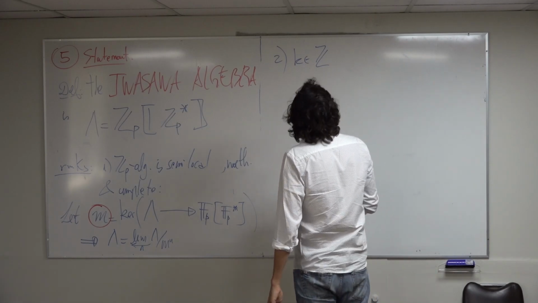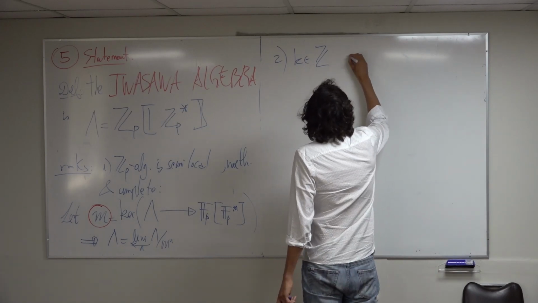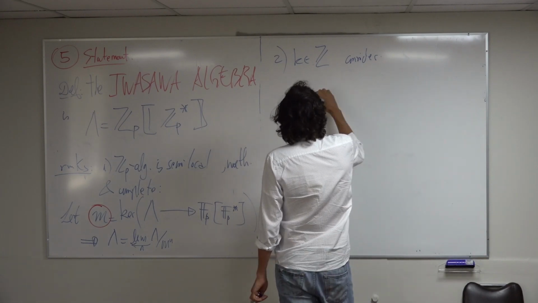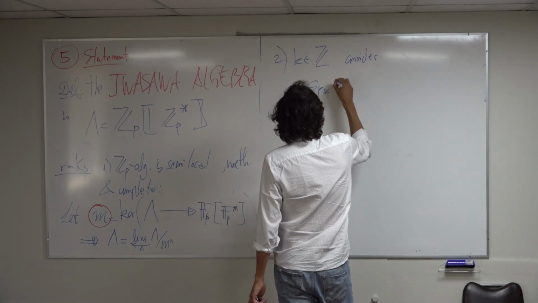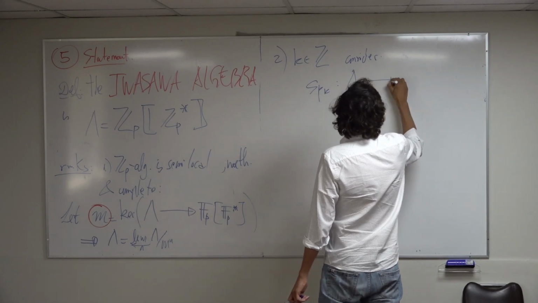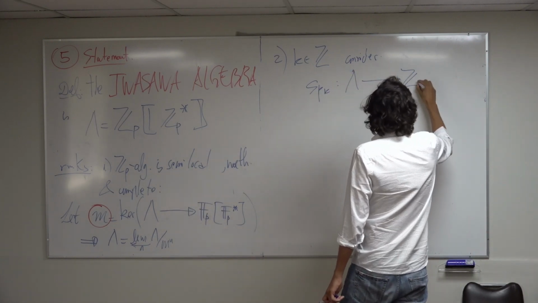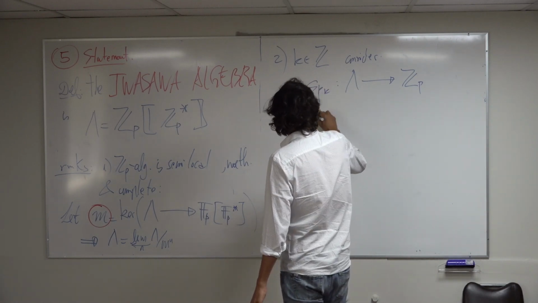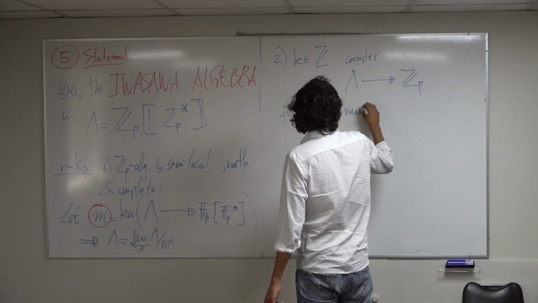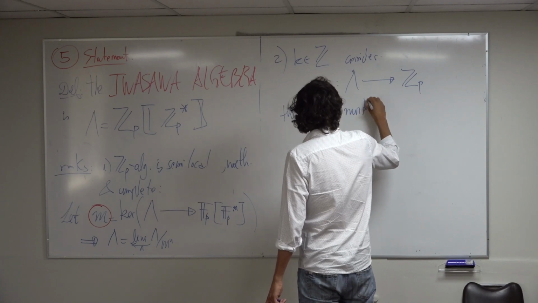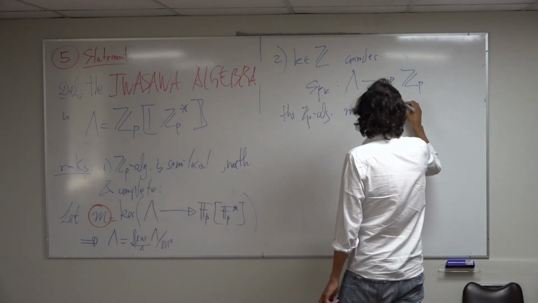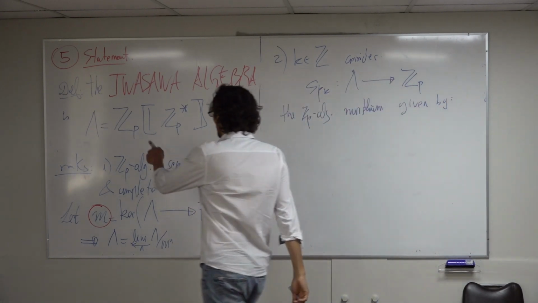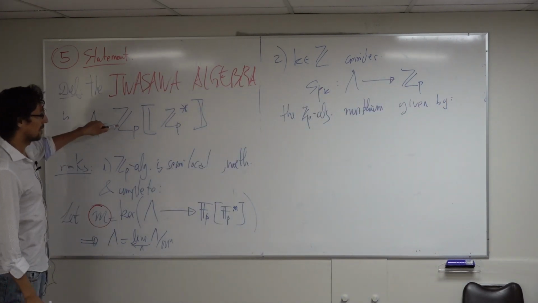Consider the following map, which goes from this to Z_p. It is a Z_p-algebra morphism.